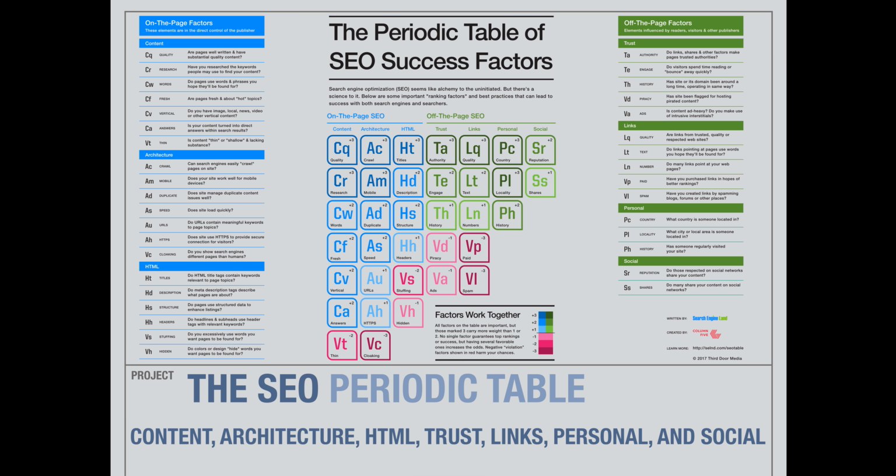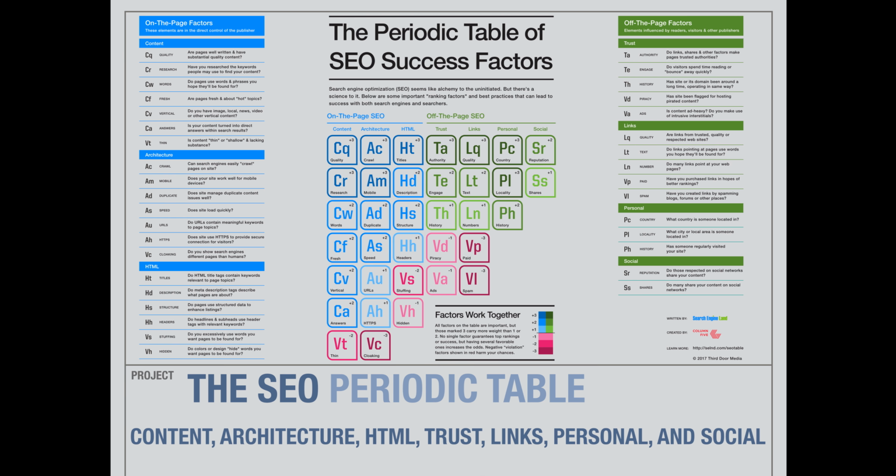On the left side, the on-page factors, we have content, architecture, and HTML. And on the right side, the off-page factors, we have trust, links, personal, and social. In the middle of the chart, you can see that it's divided into 2 columns, the on-page and the off-page SEO. And they've created these nifty little elements for us to look at.